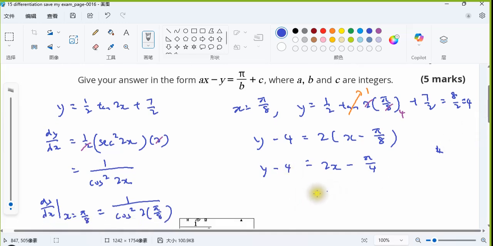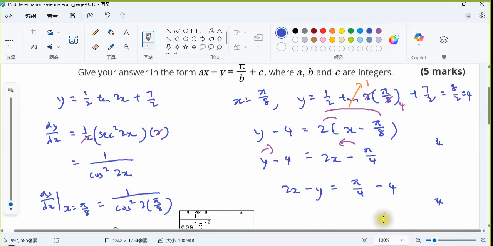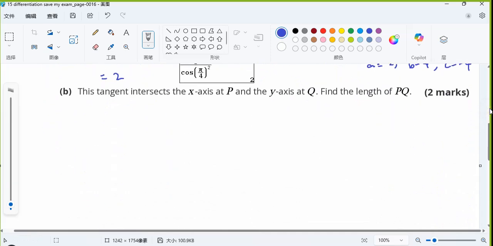So we have 2x minus y equal to pi over 4 minus 4. So expand. So A is 2, B is 4, C is negative 4.